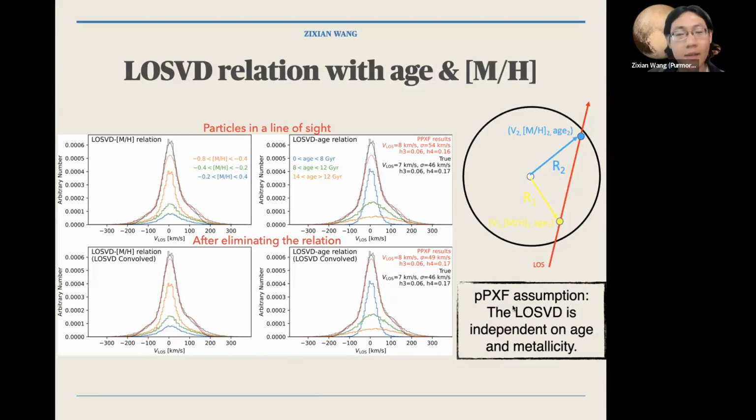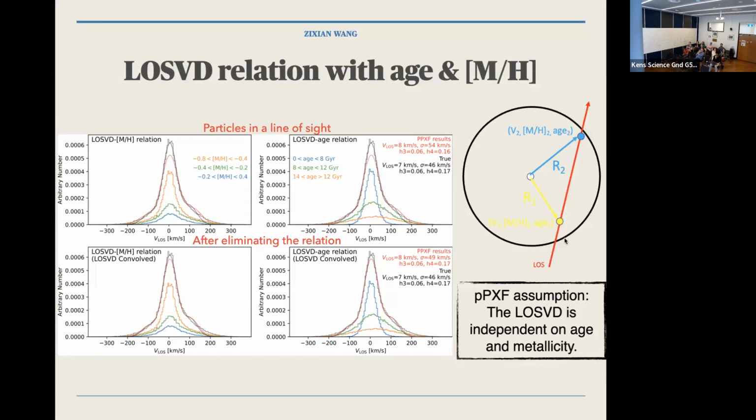When PPXF measures the kinematics, it basically assumes that all the different templates have the same velocity distribution. Maybe this is a bit hard to understand, but basically it assumes that the line of sight velocity distribution is independent of age and metallicity. This is what most people did in their studies.